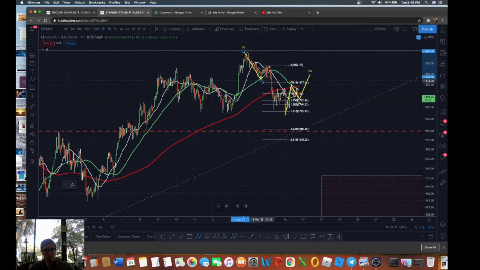Because this would be an A, a B, and a C. Then we get this ABC, then an ABC, that would be a W. Then we get a 3 wave for an X, and this would get extended out, and it would take longer time. But it's going to follow what Bitcoin does, because they've been following each other pretty much to the T.